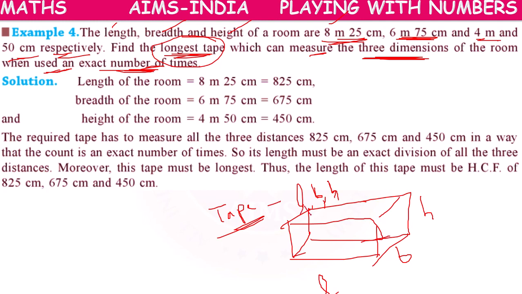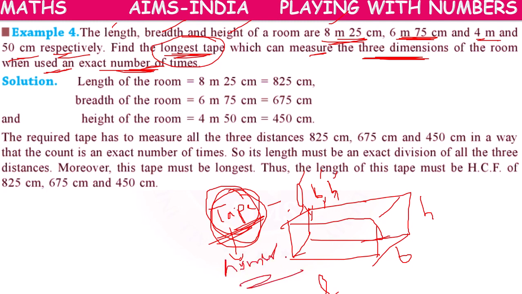Which can measure all LBH means which can divide LBH exactly. Which can measure LBH means indirectly we have to assume that the length of tape whatever we are taking, that number divides LBH exactly, so that we can measure the room.